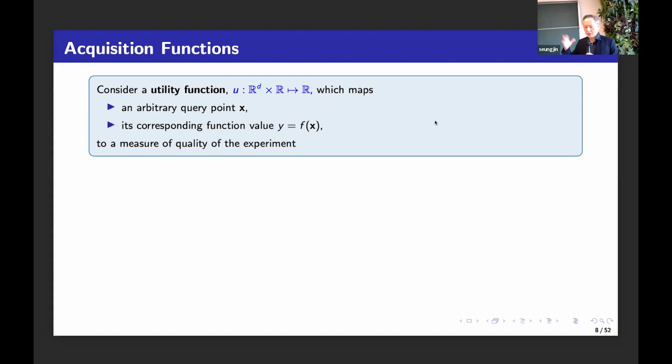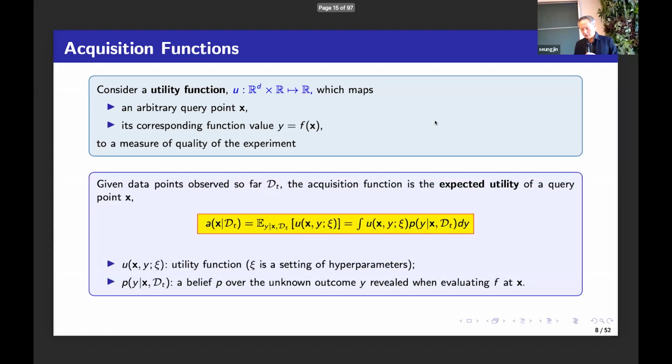Okay, so I'm not going to tell you the details of the probabilistic regression, but on the other hand, the acquisition functions, maybe if you are not familiar with them, this is just a brief summary. Suppose we define a utility function to measure the quality of the experiment.